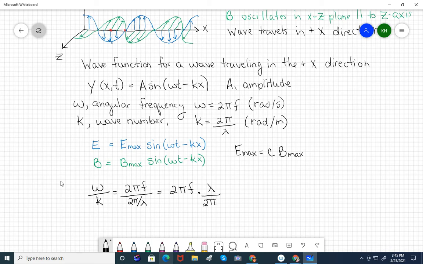And of course, the 2 pi's are going to cancel. This just equals f lambda. Hopefully you remember that that is the wave velocity. The velocity of a wave is f lambda. So we can also say the velocity of the wave is the angular frequency divided by the wave number. That just comes in handy sometimes. Just a fun relationship.